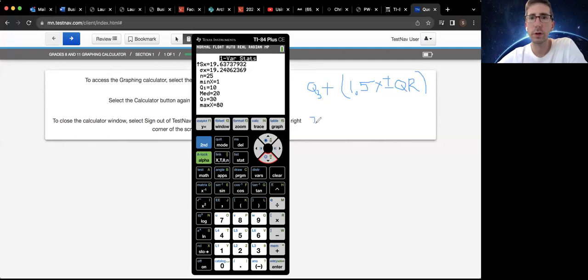So Q3 is 30. We've already calculated this number in here, right? 1.5 times 20, which was our IQR, gave us 30. So 30 plus 30 is equal to 60. So if we have any numbers greater than 60, those will be considered upper outliers.